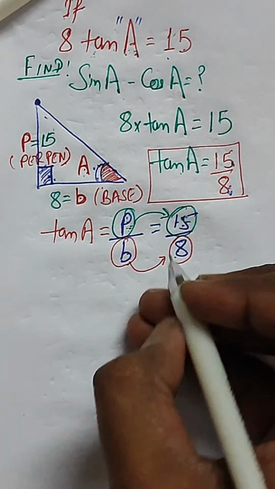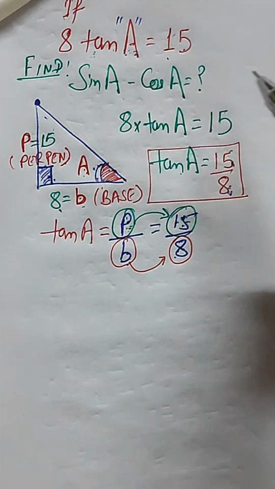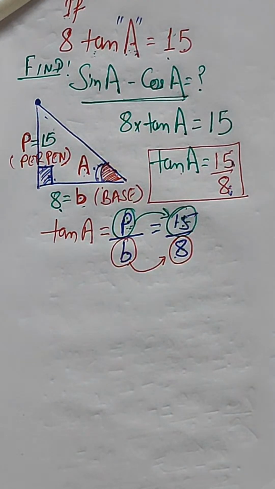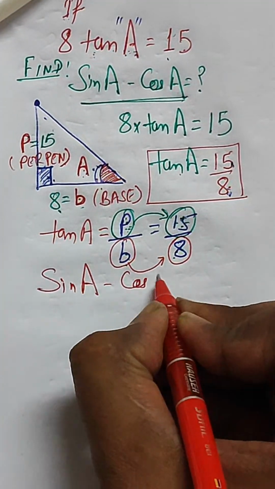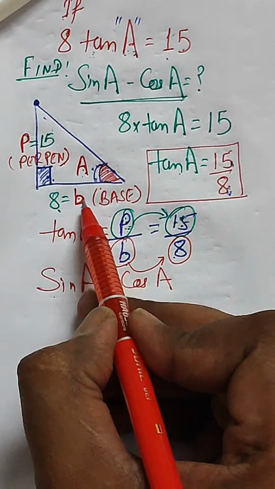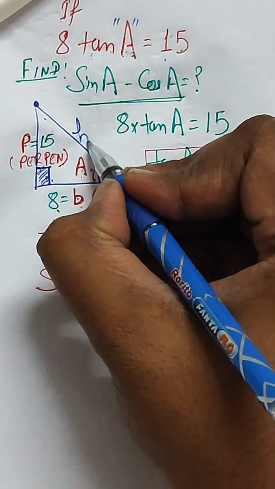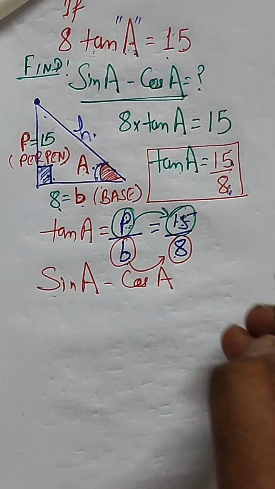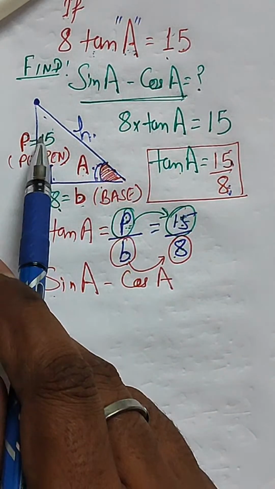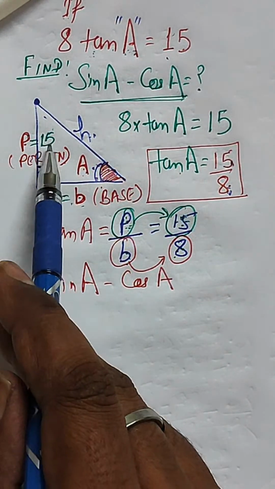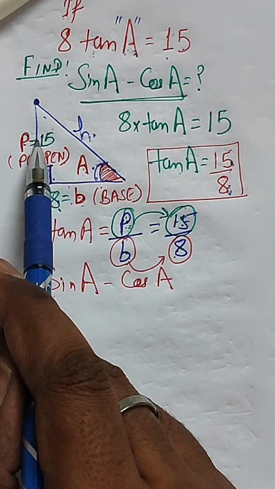So here we can see P by B is 15 by 8. So P is 15 and B is 8. Now just find out the value of sin A minus cos A. If you know the base and the perpendicular, then why don't you calculate the value of H, the hypotenuse? By Pythagoras, H is root over 15 square plus 8 square. 15 square is 225 and 8 square is 64. 64 plus 225 gives you 289.